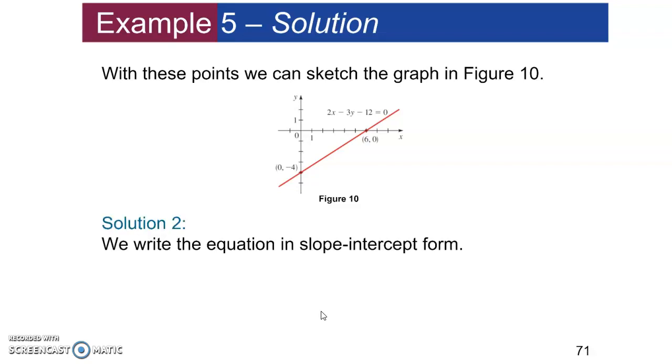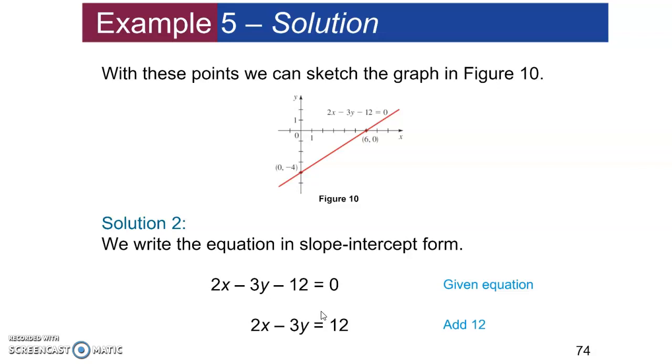If we're asked to take that general form and convert it to slope-intercept form, that was our given equation, we would have to start by adding 12 to both sides, and we'd have 2x minus 3y equals 12.